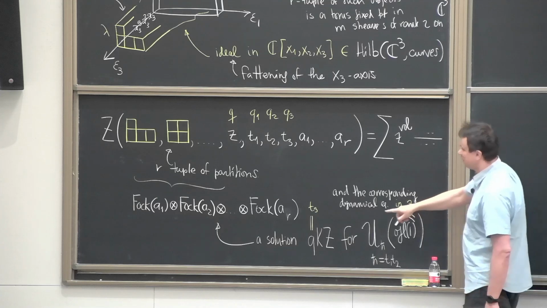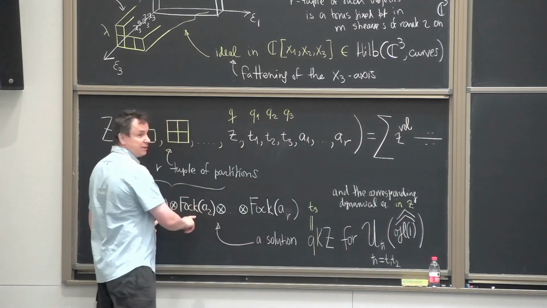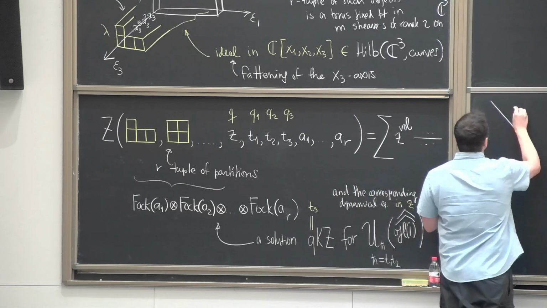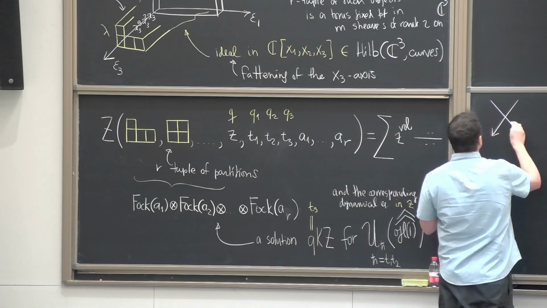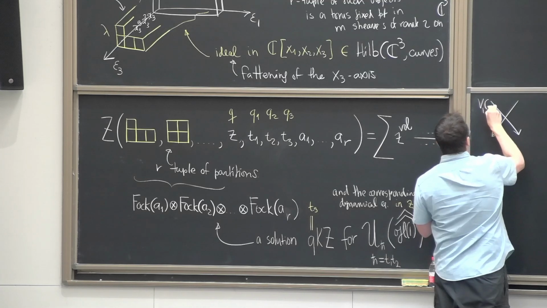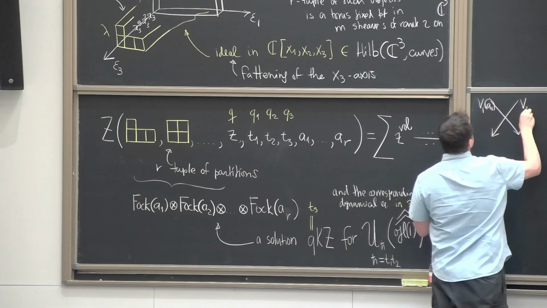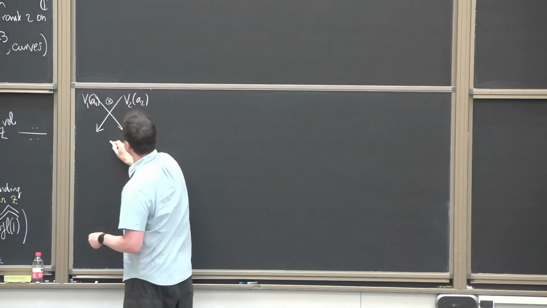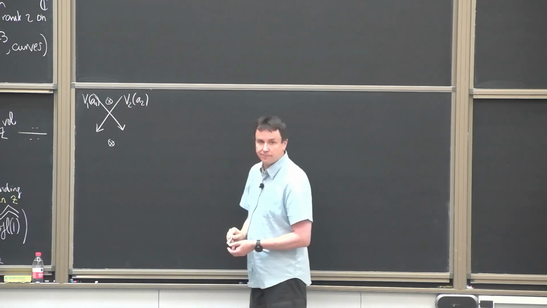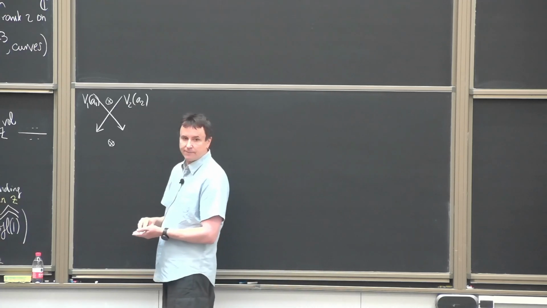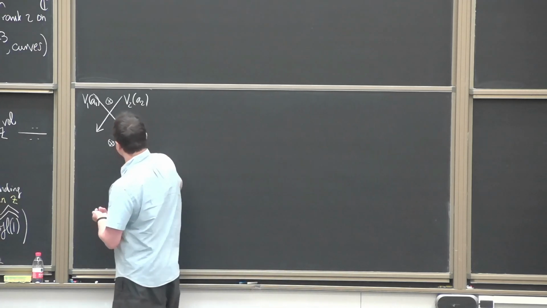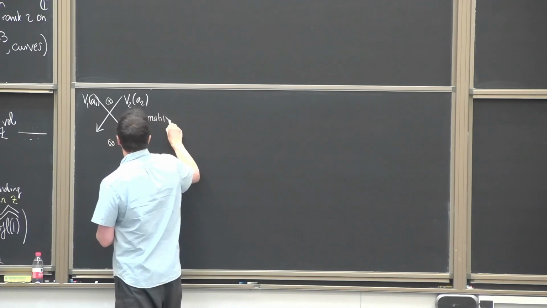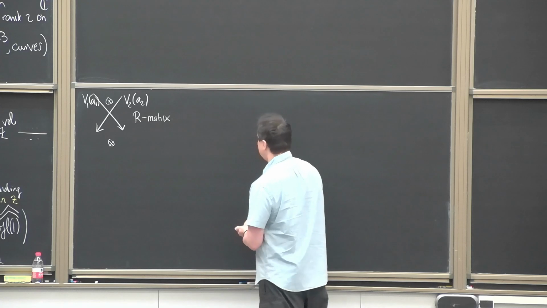You need two vector spaces with labels, maybe V1 of A1 and V2 of A2, and you need an operator from their tensor product to their tensor product. That's called the R matrix. And now imagine we have a cylinder.